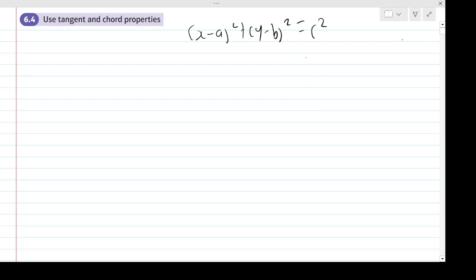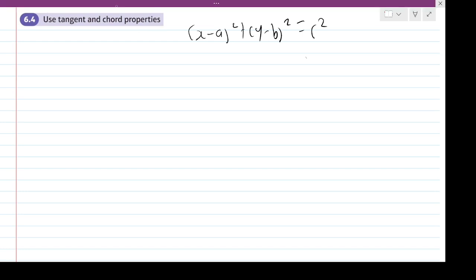What we're going to then look at is start to look more geometrically again, and I do highly advise you look at chapter 6.1, where we looked at midpoints and perpendicular bisectors, because one of the properties we will be looking at is called a chord property of a circle, which is exactly what we looked at last time.